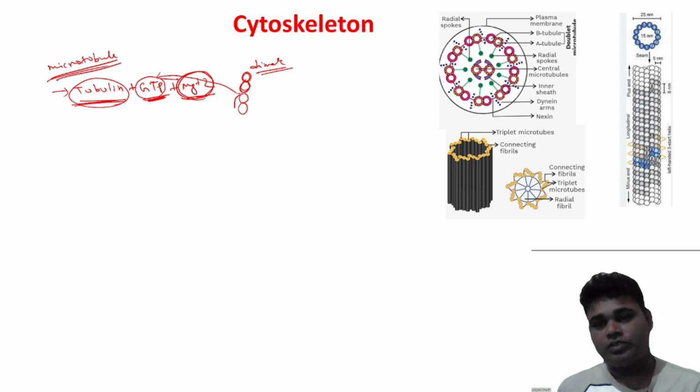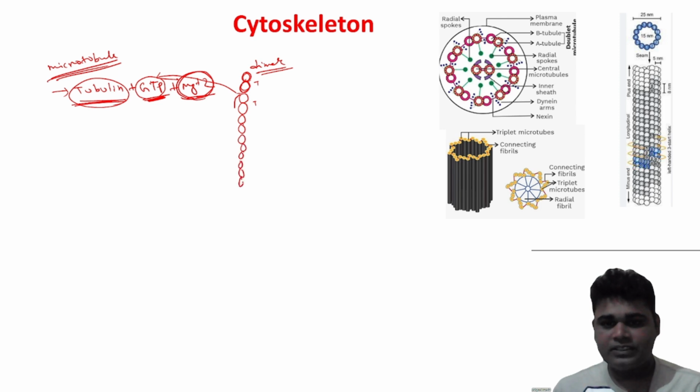So with the help of the GTP and the magnesium, one tubulin joins to another tubulin. Now another tubulin is joined, and another. Like that a strand is formed, and this strand is called the protofilament.